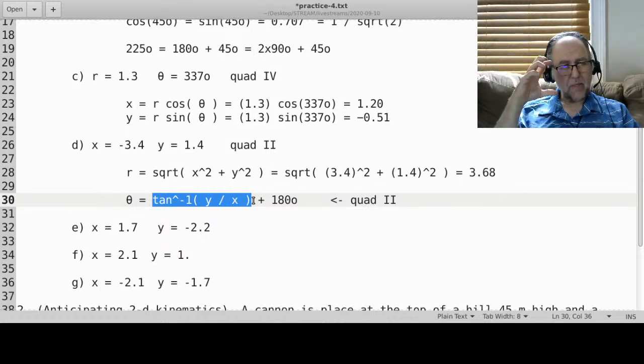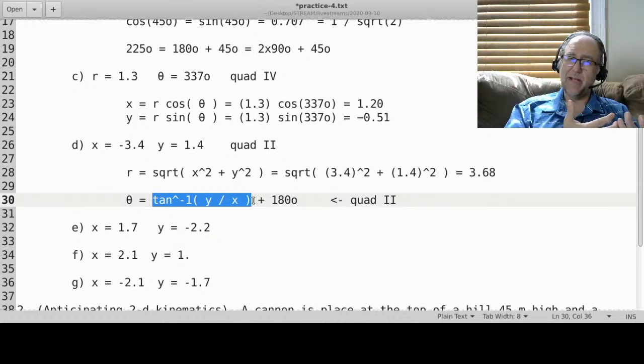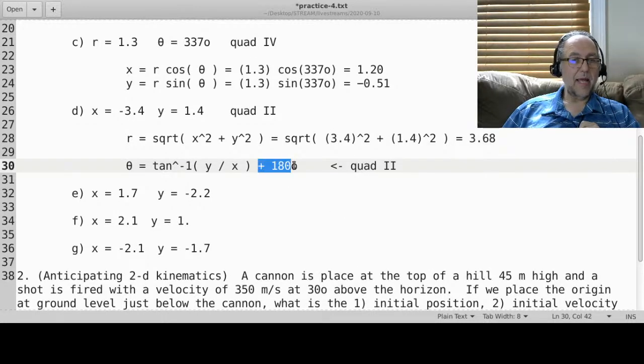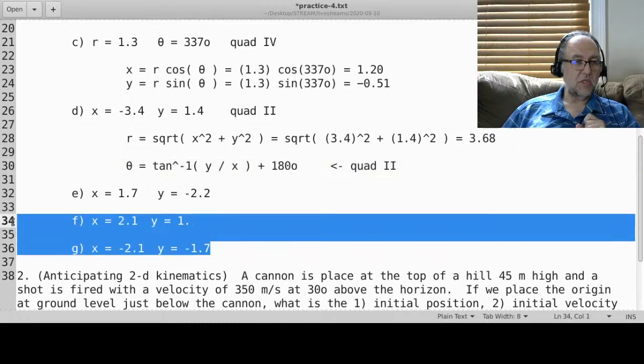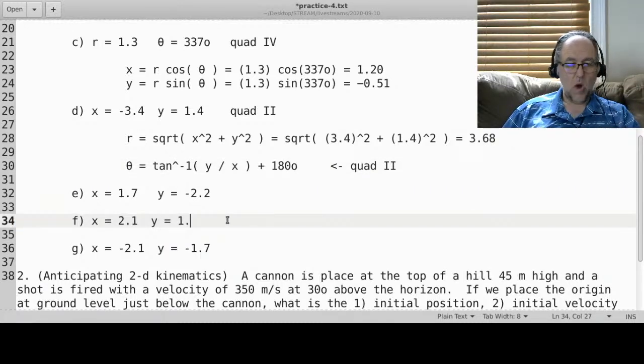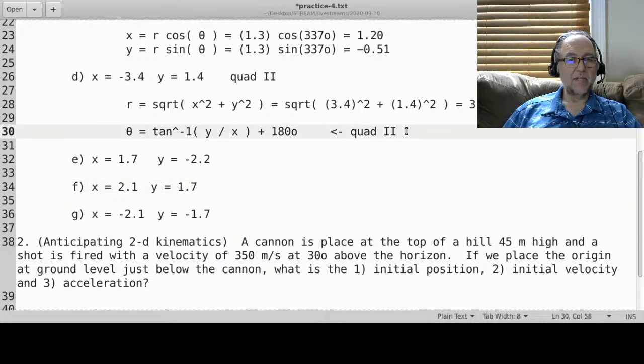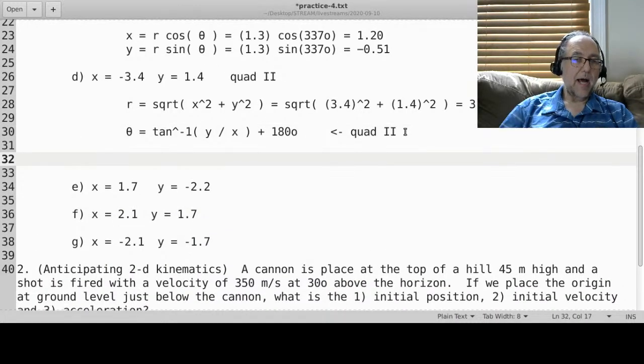Your calculator only knows about one branch, but depending on what quadrant you're in, you might be on a different branch of the function, and you have to compensate for that by adding 0 if you're in quadrant 1, or 180 if you're in quadrant 2 or 3, or 360 if you're in quadrant 4. Again, it might seem mysterious, but with these last two questions, I'm going to try to show you exactly why you have to have that 180 in there. But for now, let's just make sure that we can work through it.